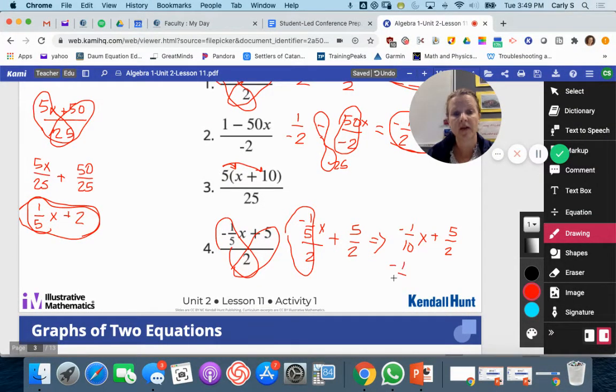I know when I go to graph these later, it's going to be very useful to have 5/2 as the decimal 2.5. So that would be your answer for those two. If you need help with those, please let me know, and I can practice it with you or show you exactly what I'm trying to do.